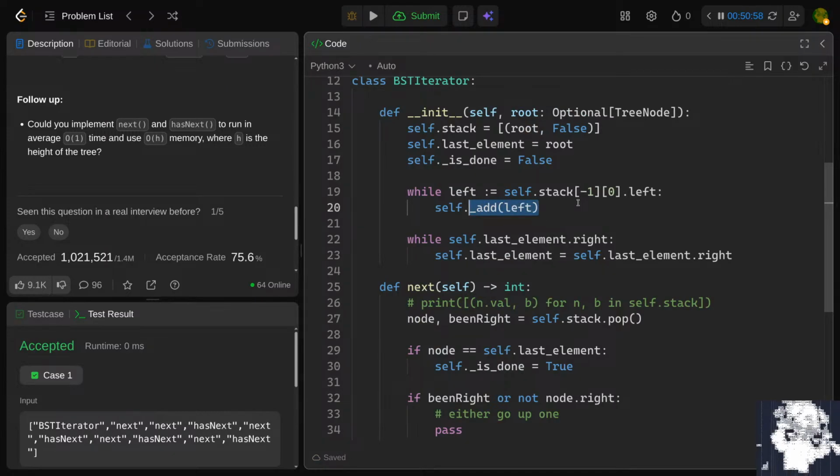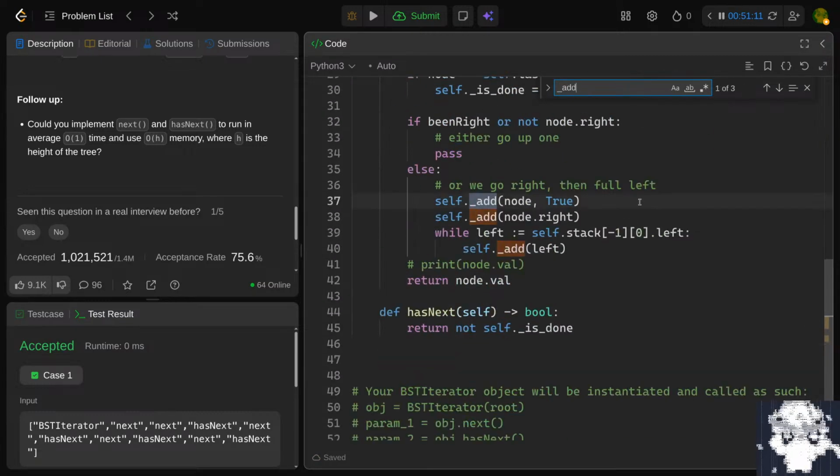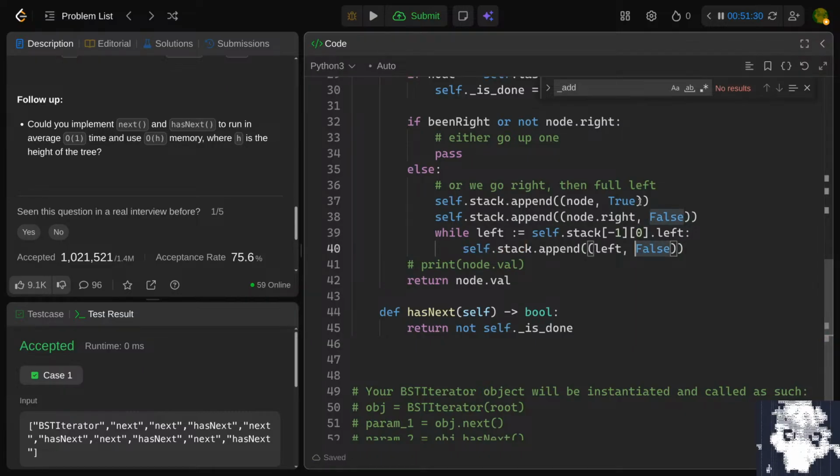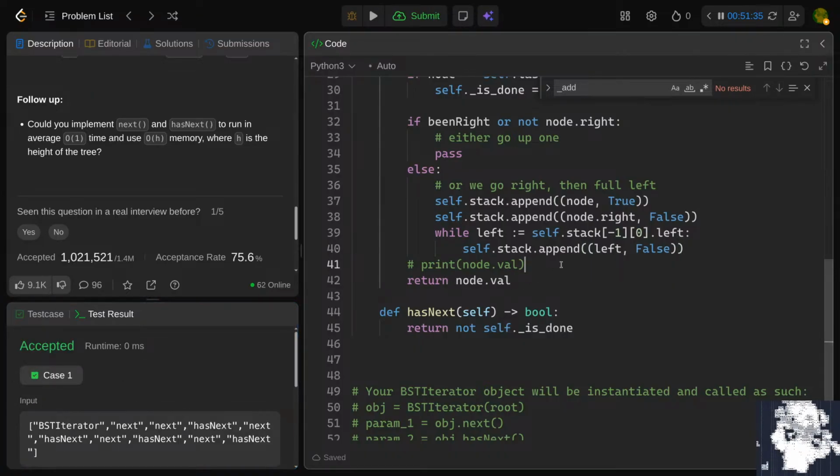We just do self.stack.append left and false. Where else am I doing add? So node and true. Node.right and, what was it? Yeah, node.right and false. Left and false. Okay.